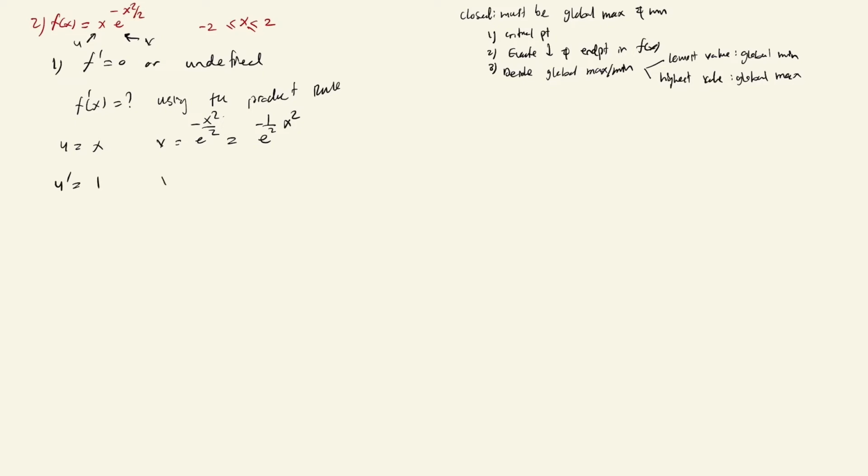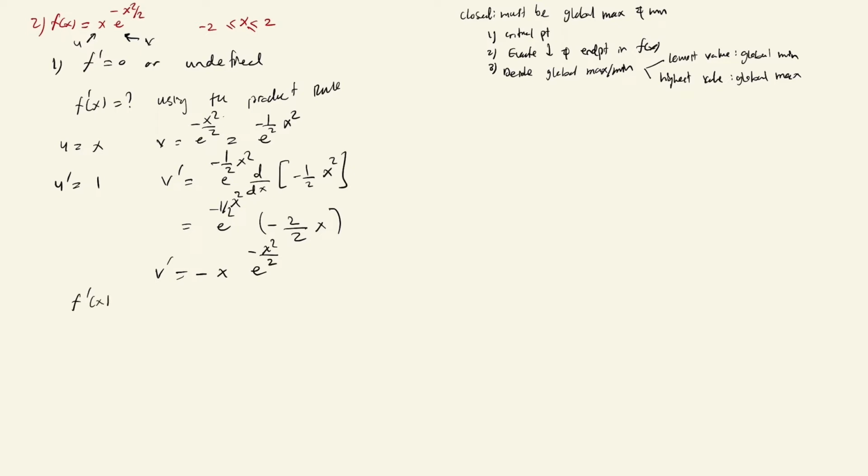Now for v, I'm going to use the chain rule to take the derivative of the term. So the inside function is minus 1 over 2 x squared. Now, after finding u prime, v, and v prime, we are ready to apply the product rule.